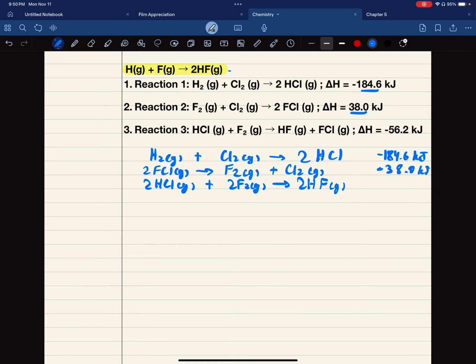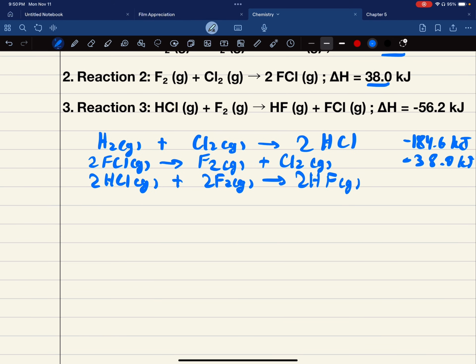And as we have multiplied the equation, we are also going to multiply 56.2 by 2 as well. So that would give us negative 112.4 kilojoules.